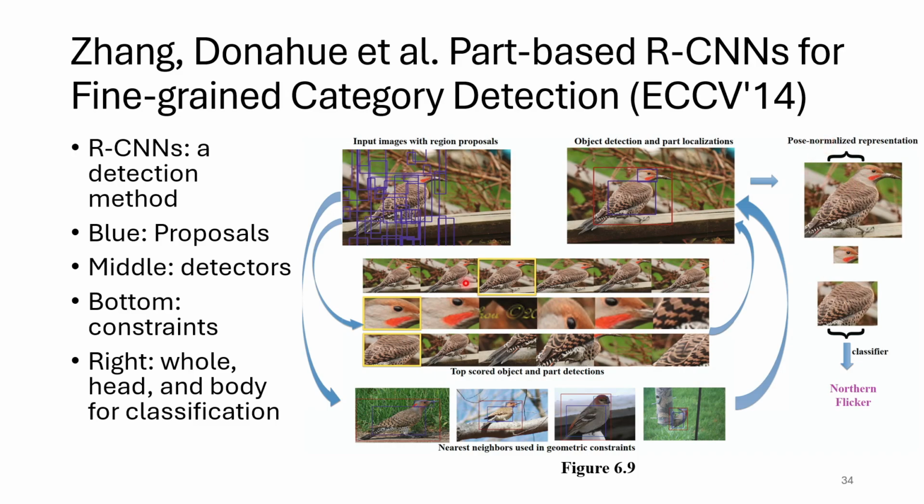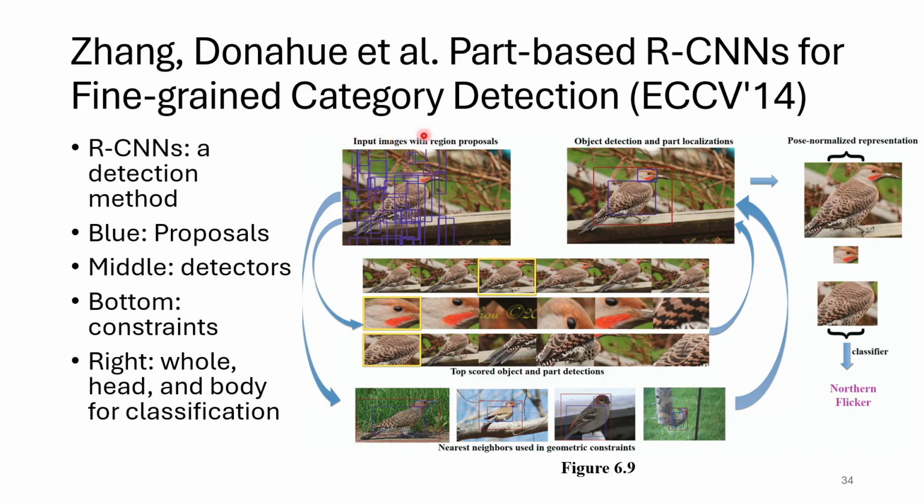So the first question is how to correctly recognize that this is a part of a bird. Their approach is very simple. They have a pile of training images, and in the training images they have labels: where is the head of the bird, where is the body, and where is the overall image?